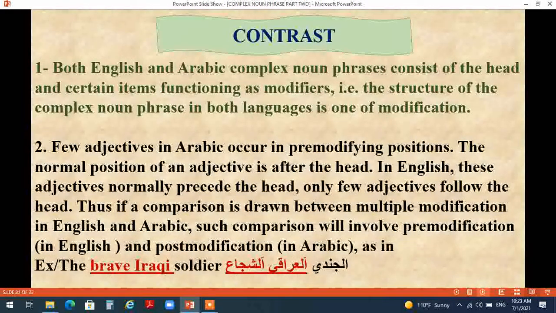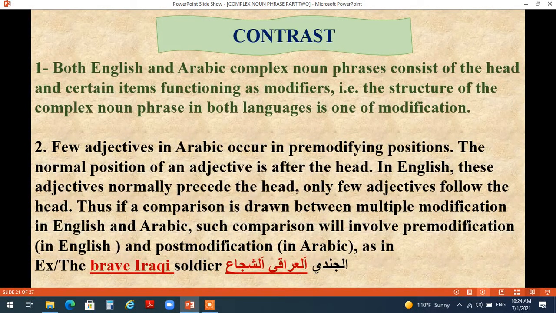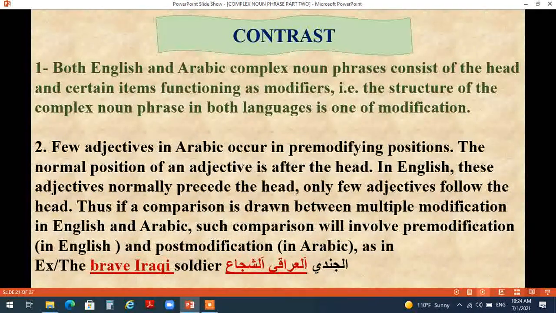This means that the structure of the complex noun phrase in both languages is one of modification. إذن هذه تعتبر نقطة تشابه ما بين اللغتين، إنه حين استعرضنا الكومبلكس ناون phrase باللغتين وجدنا إنه في كلا اللغتين هنالك post modification وهنالك pre modification، طبعا مع الاختلافات الفردية اللي موجودة بين اللغتين، لكن هذا يدل على أن اللغتين تتشابهان إلى حد كبير من ناحية استخدام البوست موديفيكيشن والبري موديفيكيشن.